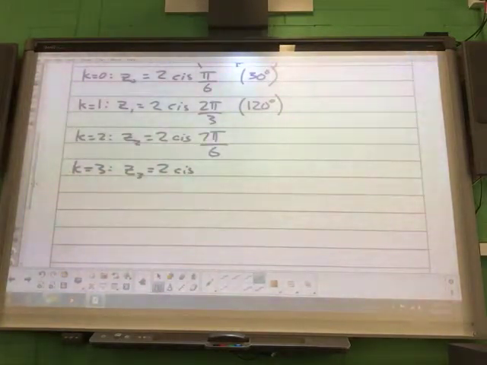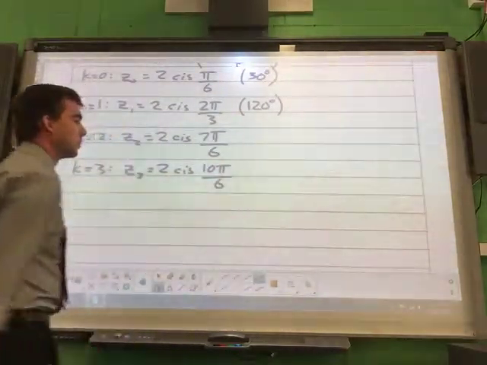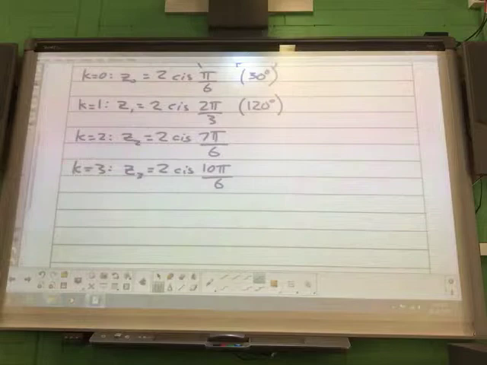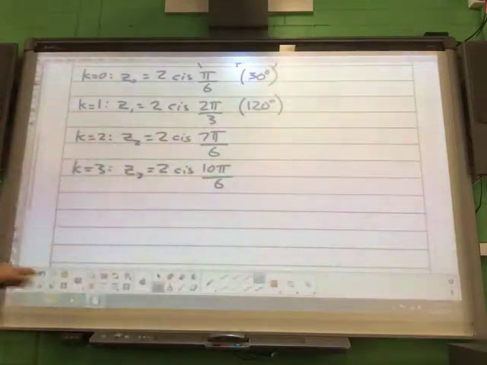I'm really adding pi on 2 each time, aren't I? For your angles. So 7 pi on 6 plus pi on 2 becomes 10 pi over 6. Because pi on 6 is 30 degrees, times 10 we get 300.